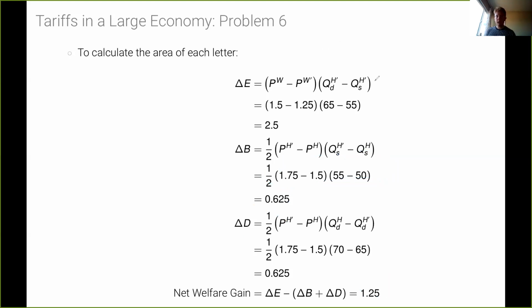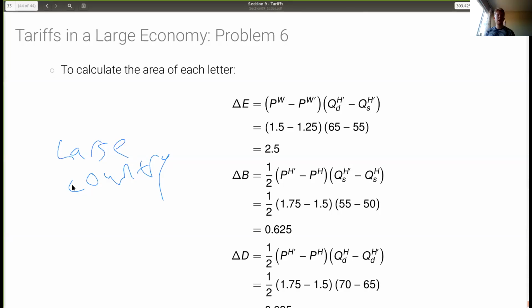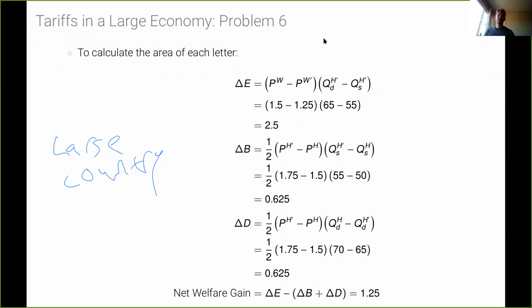If I'm a large country, it's possible that applying a tariff is actually going to be net welfare increasing for me, because the reduction in import demand is going to lower the world price.